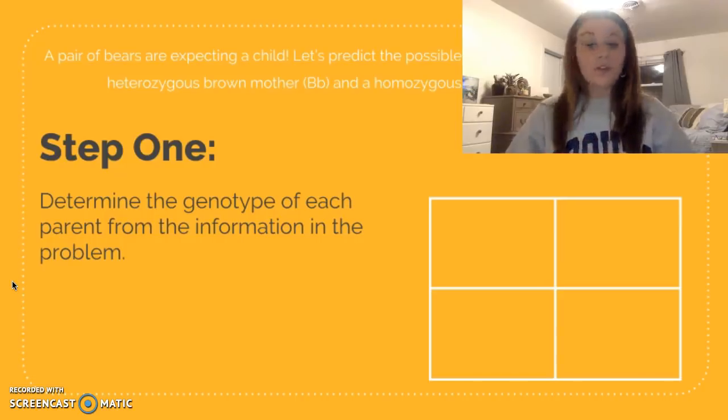Our first step, whenever you're starting a Punnett square, you want to be able to identify what is the genotype of each of the parents. So what is their genetic information that they're passing on to the child? Here in our example, it says that the heterozygous mother has a capital B lowercase b. That's her genotype. And then it says that we have a homozygous father, and he has lowercase b, lowercase b.